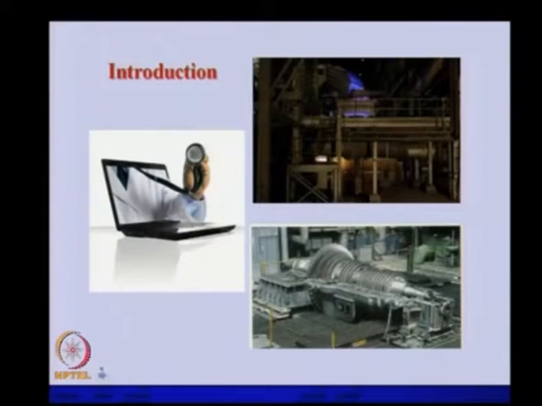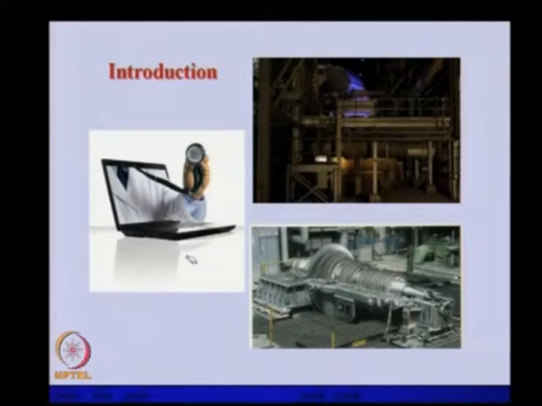Coming to condition monitoring in industry, obviously in any industry we need to capture various kinds of signals, either a vibration signal or temperature, pressure, noise. We need to store those signals in a computer, analyze them, and try to correlate the various kinds of faults which may appear in this kind of machinery, and then we can have some kind of database.